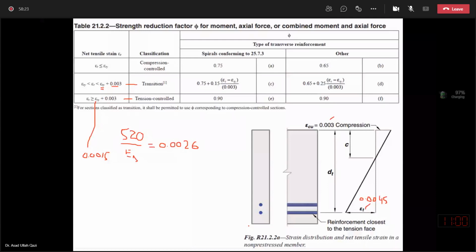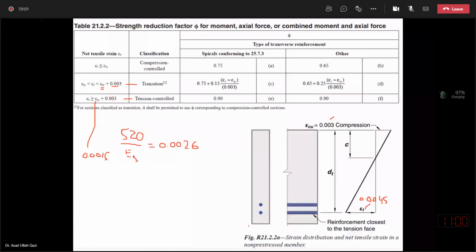This is just for your information, but for your academic problems, considering examination point of view, you can still use 0.005, because all our derivations and assessments we are going to perform for epsilon s equal to 0.005, and you will agree that mostly in practice, even in Pakistan and abroad, mostly 420 and below grades are practiced.